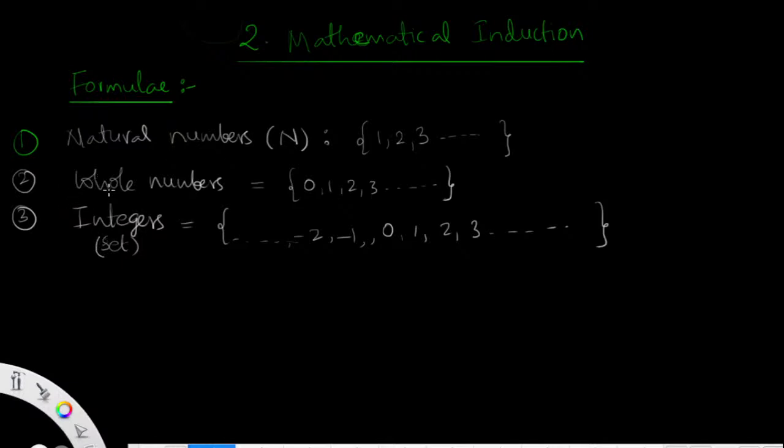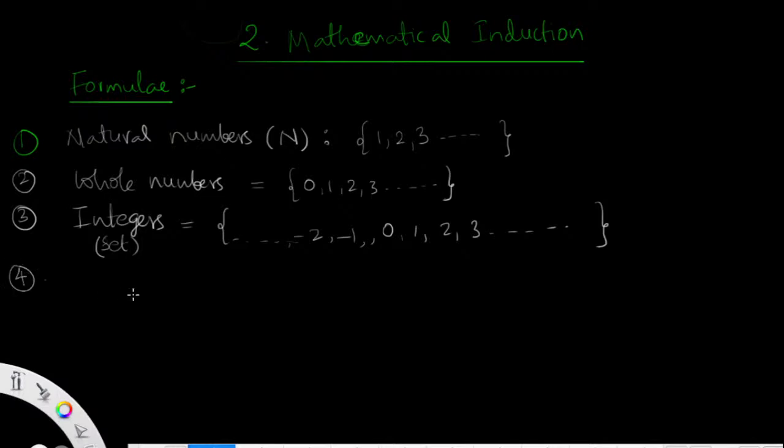This is the set of whole numbers, and then natural numbers, denoted by capital N. And next one, integers also over.